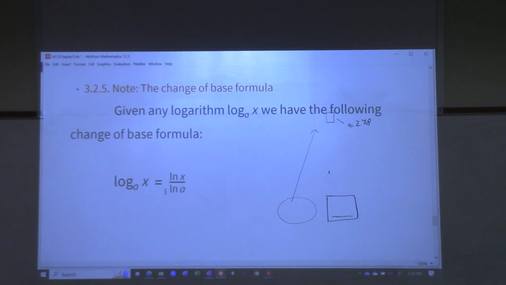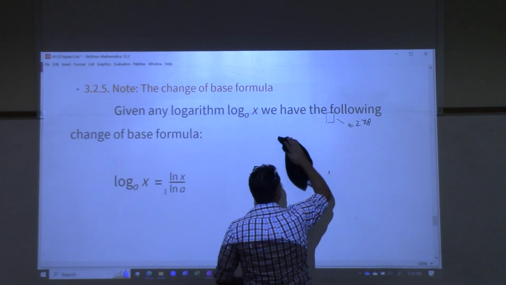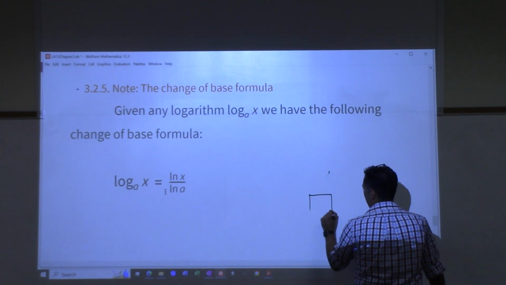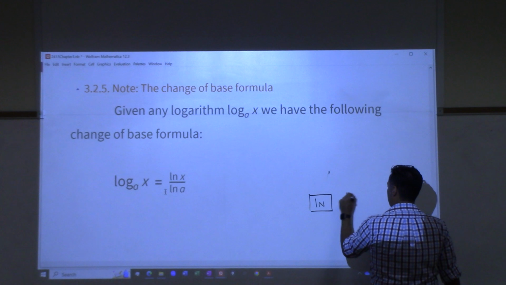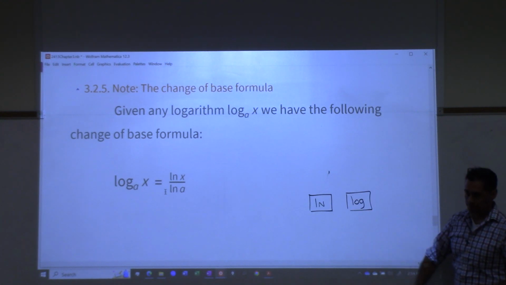And then finally, we have this really nice thing called the change of base formula. Most of you are aware of the fact that your calculators only have 2 keys on them. Most calculators have either this key or this key. Most calculators have both of them, right?